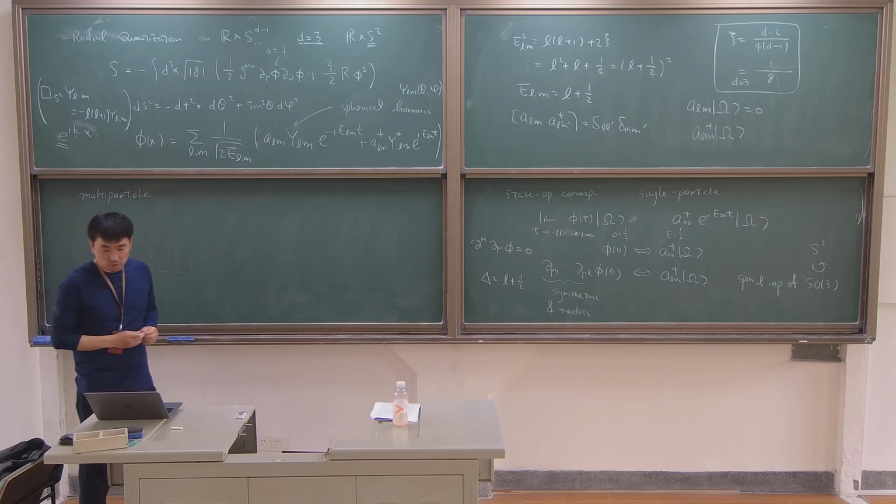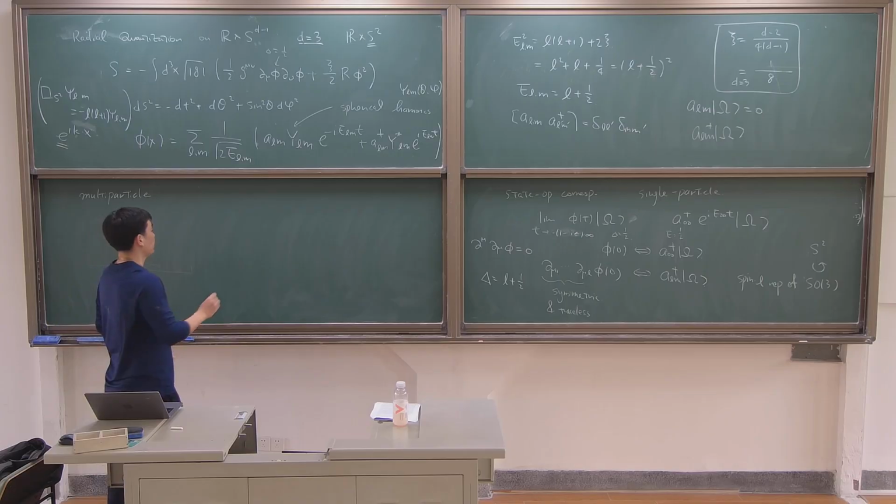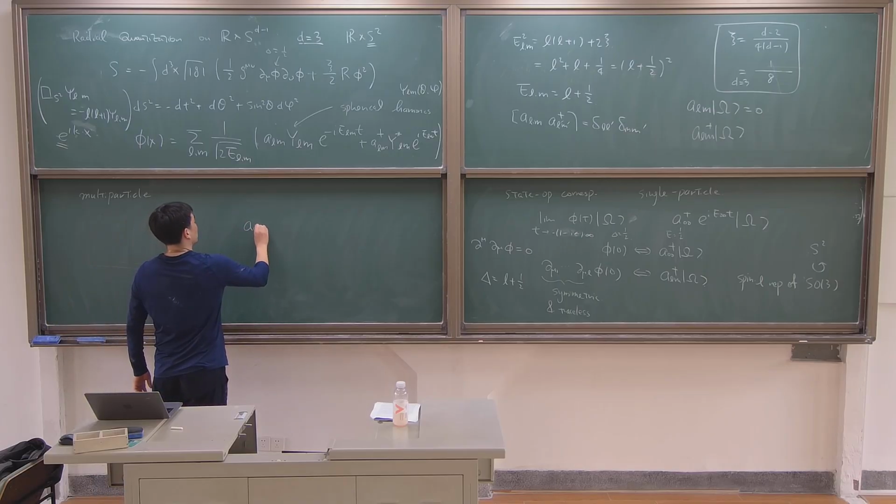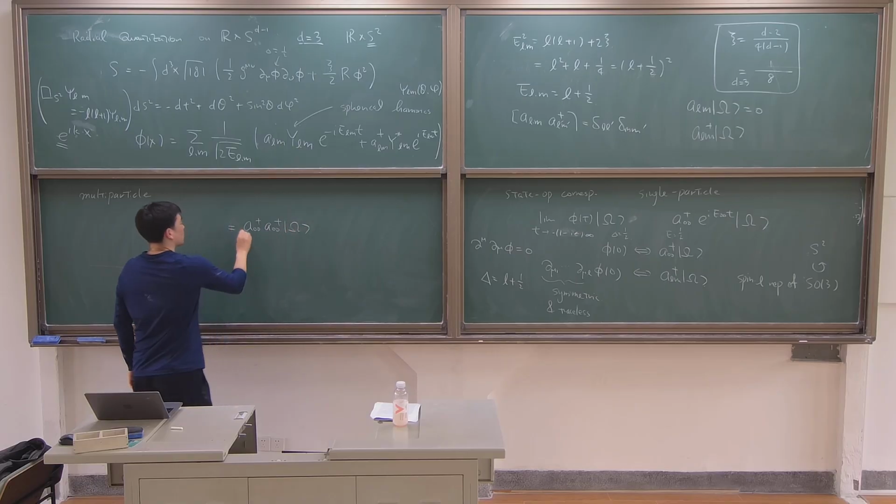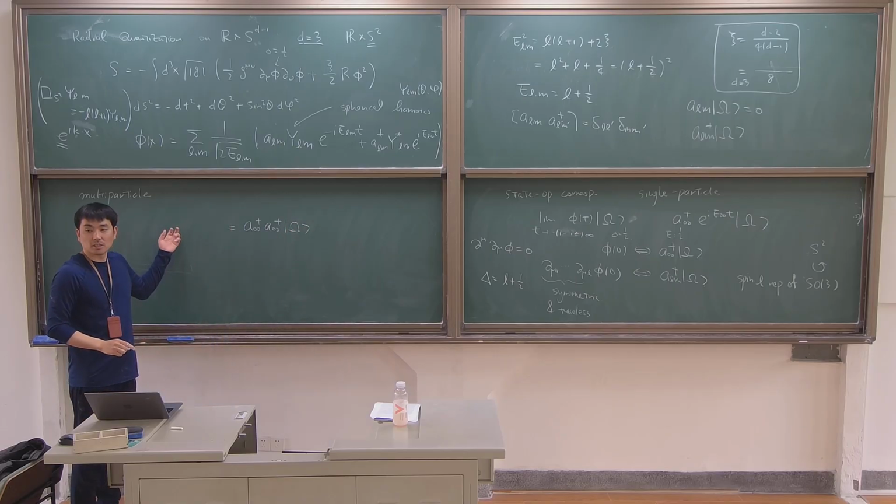So for instance, one can consider A_{00} dagger, A_{00} dagger acting on the vacuum. So what is the corresponding state, the corresponding operator?